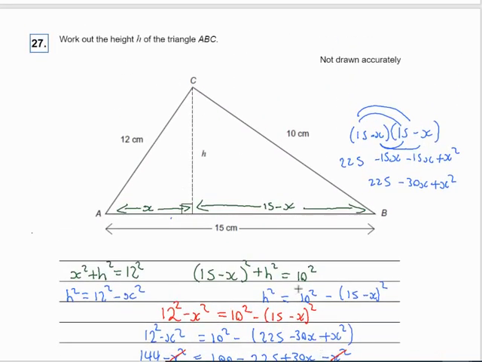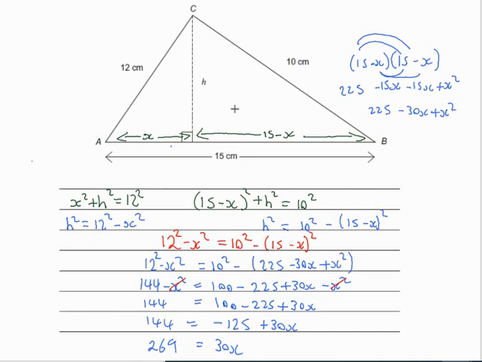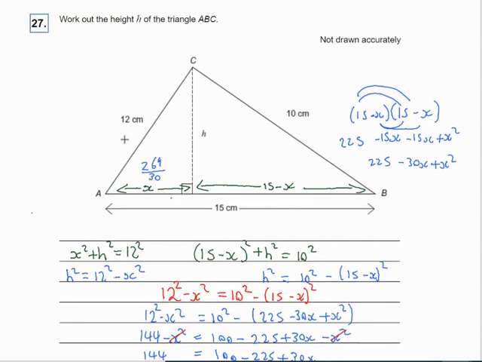And just remember, looking at the question, work out the height. So if x is 269 over 30, now we can see that in this triangle, we have 269 over 30 squared plus h squared equals 12 squared.